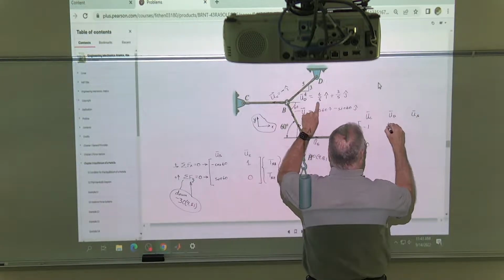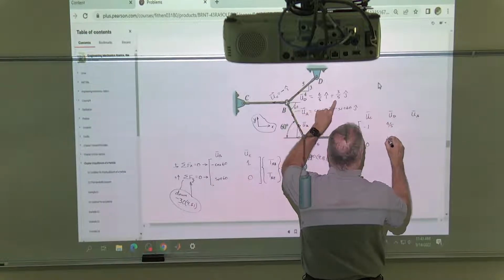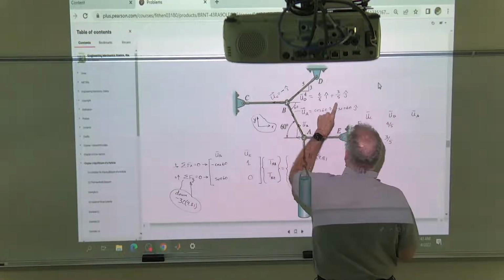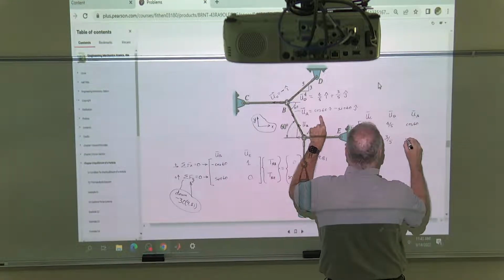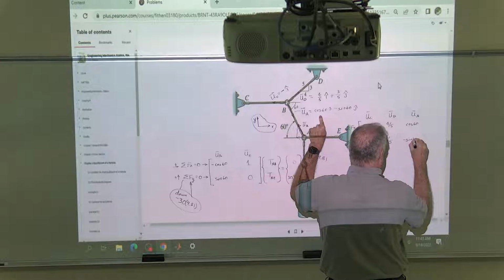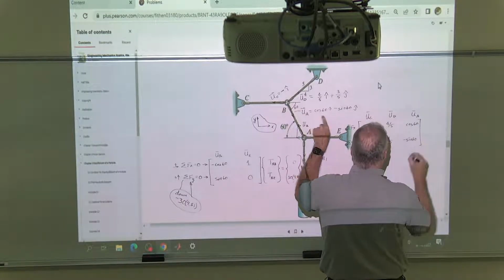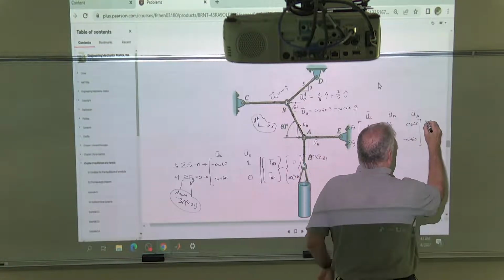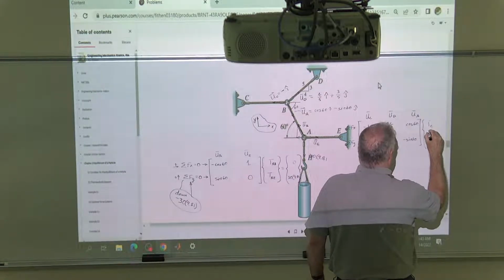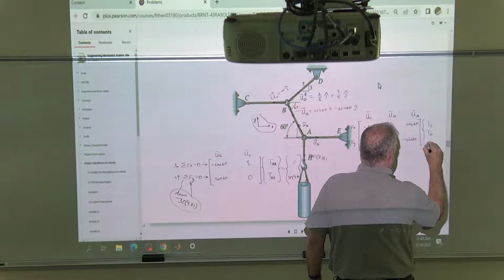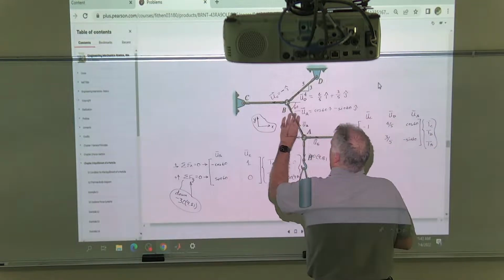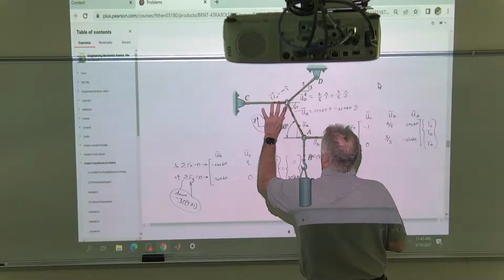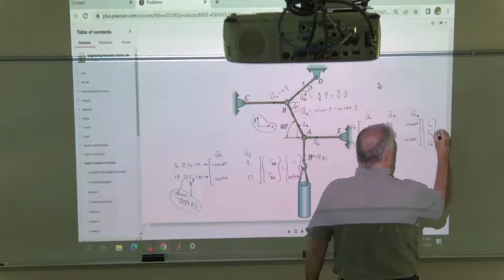UC is just -1, nothing. UD is 4/5 and 3/5. And this one is cosine of 60 and minus sine of 60. Now, associated with these, you have to have the line that sits over here: tension down C, tension down D, tension down A. Outside of that, there's no weight or anything else.